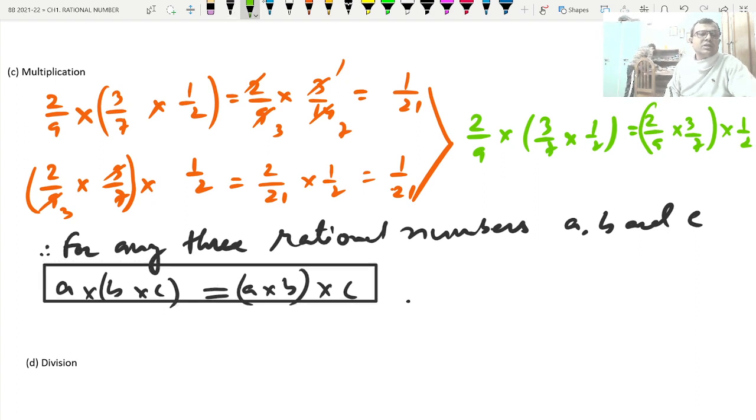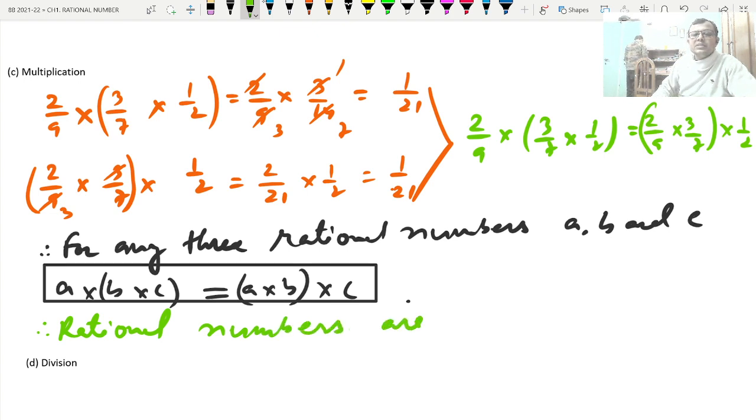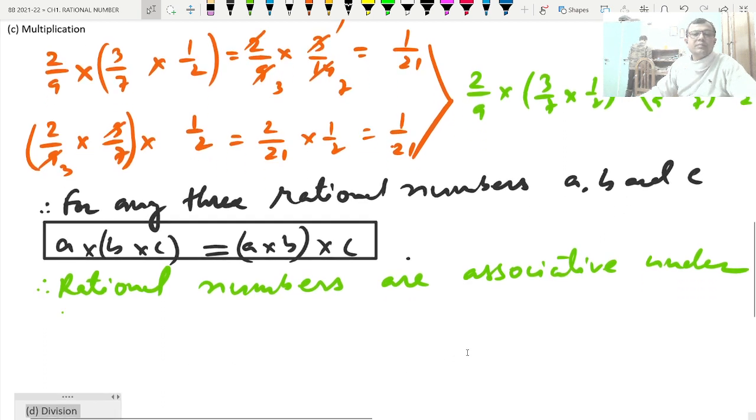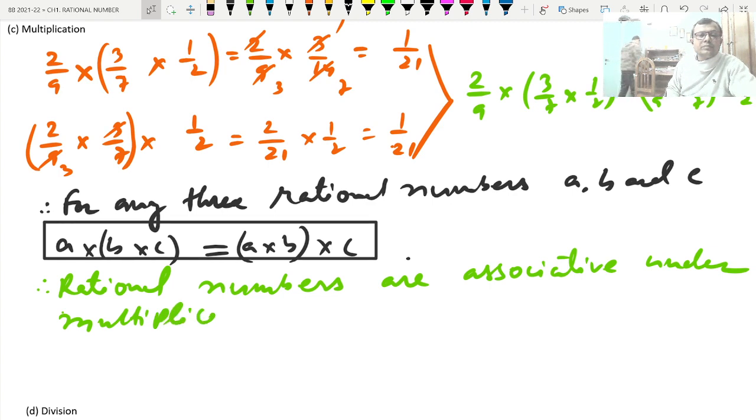Therefore, rational numbers are associative under multiplication.